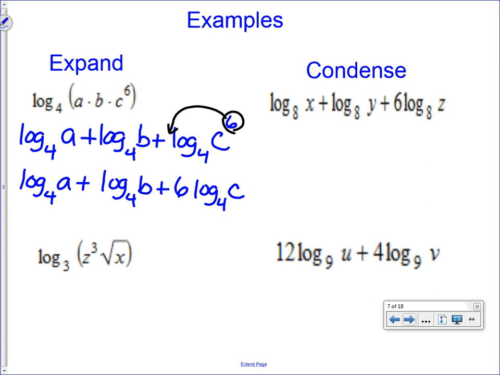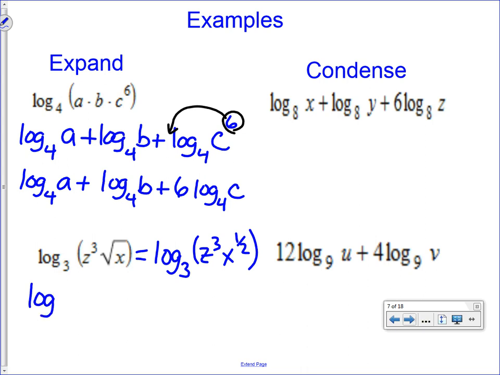All right. This next one, log base 3 of z cubed times the square root of x. First thing I would do is convert that square root to a fractional exponent. And then we'll expand.